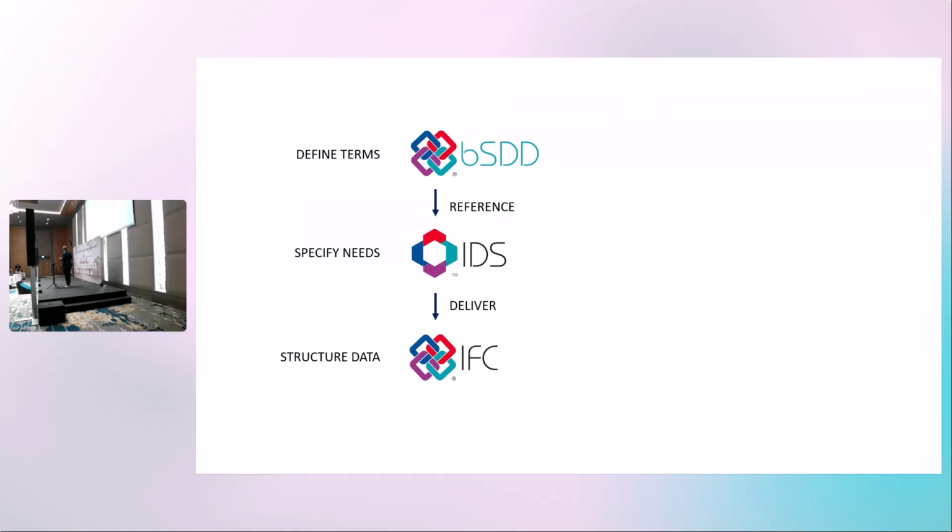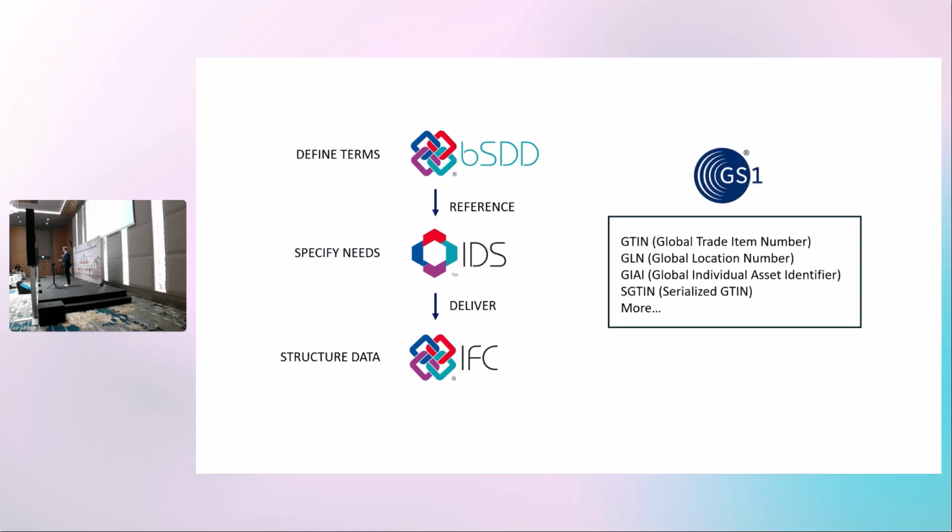So when we talk about openBIM solutions, openBIM standards, there are many, but I will focus on those three solutions that I think are relevant in this context, which are IFC, that you already heard many times from previous presentations, the IDS, which is a standard for specifying information, and bSDD, which is not a standard, but a service that supports defining the terms, supports sharing data dictionaries, and referencing them in the models.